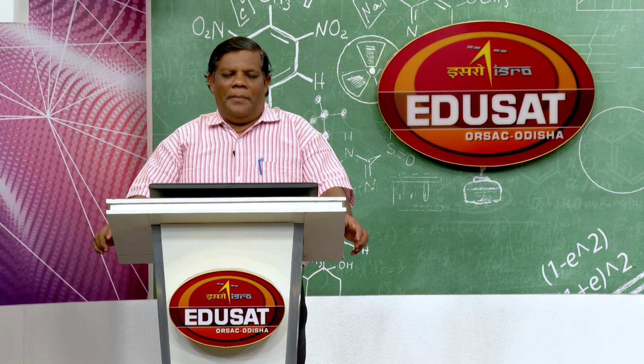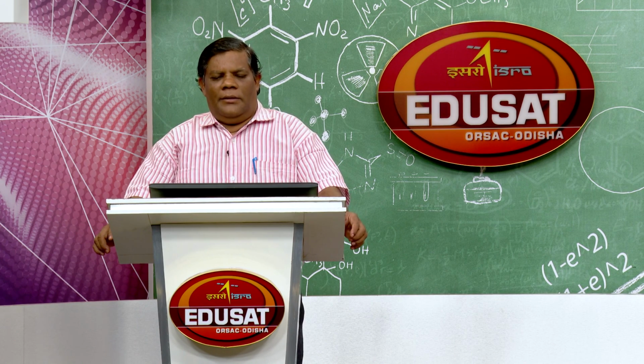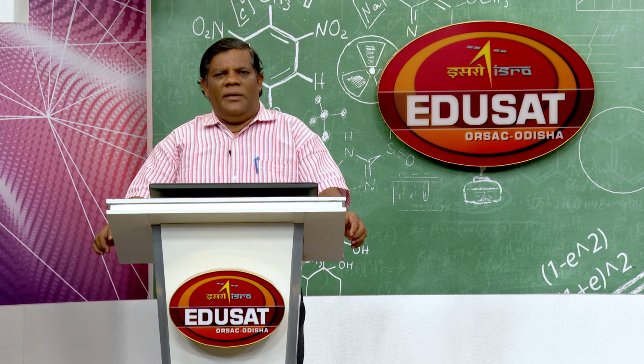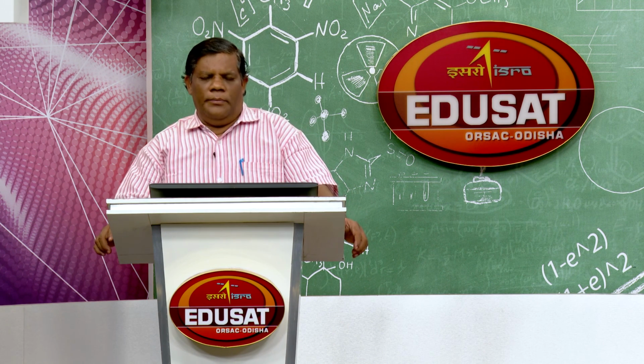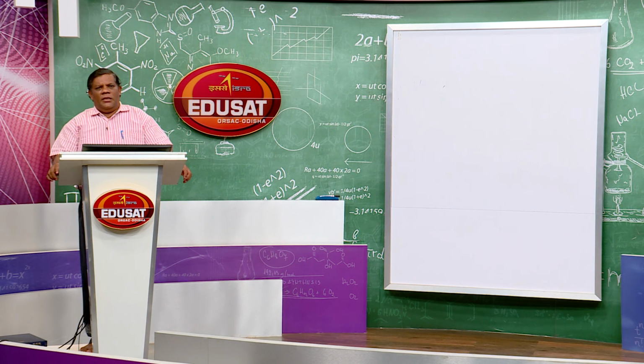Dear students, we discussed the active and passive forms in English, for which direct and indirect objects may be there, or either one object may be there, or both objects may be there in the sentence, and such sentences can be made passive.